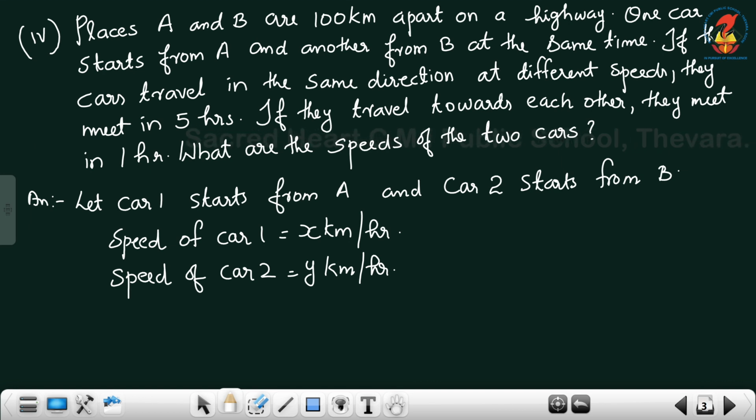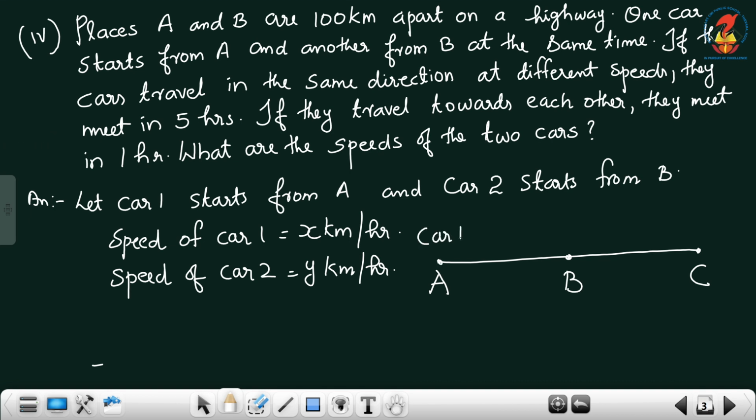Okay, let here A be the starting point of car 1, and B of car 2, 100 kilometers apart.